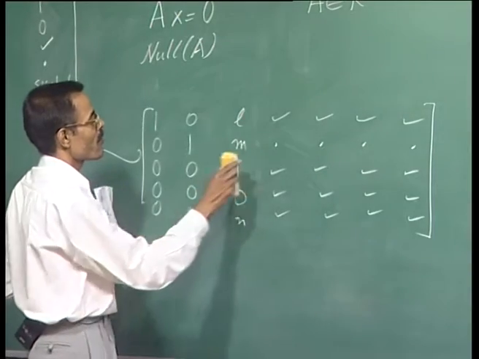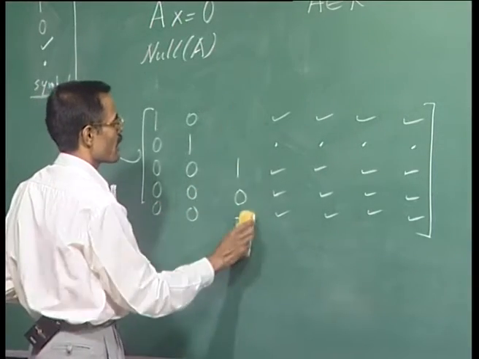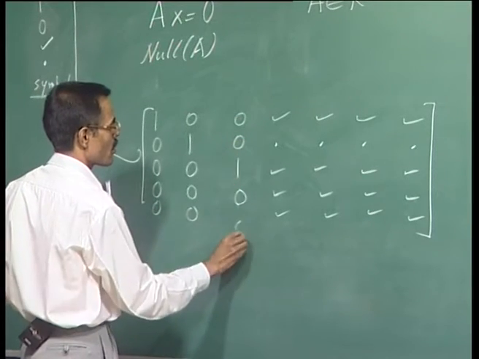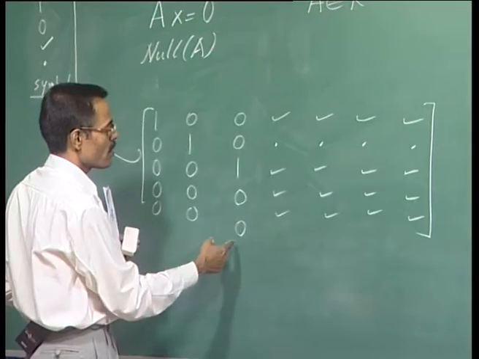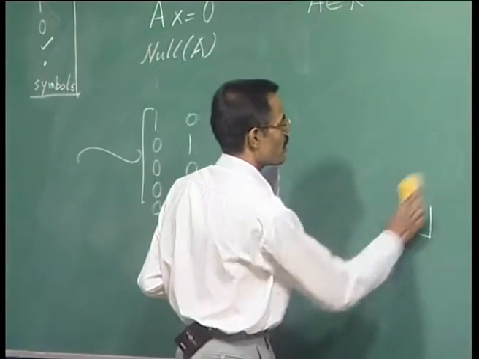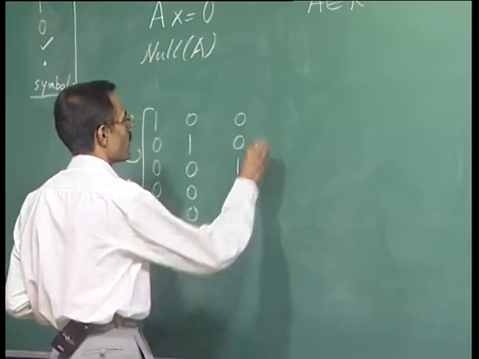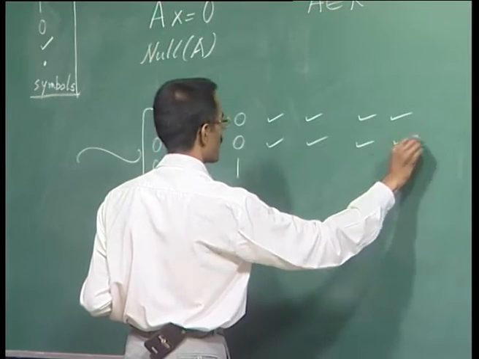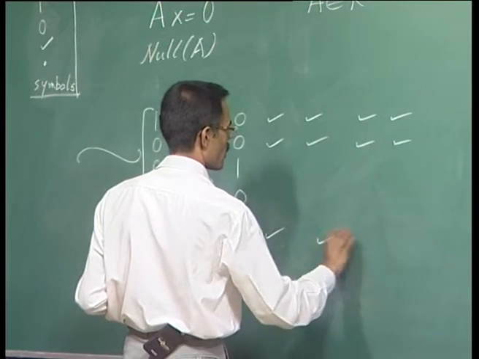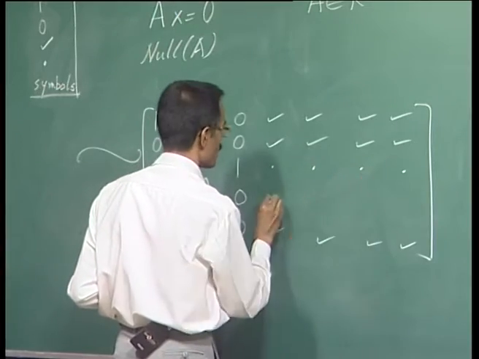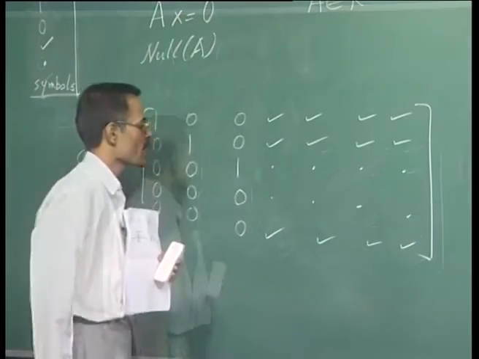That way, we get these 3 also as zeros. First, second and fifth have changed. So, in this step, these have changed and these have remained same.